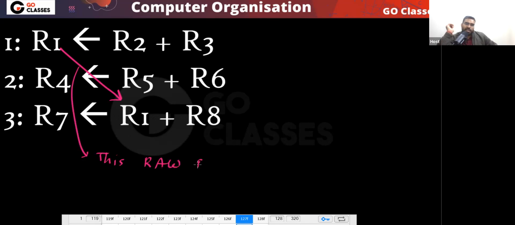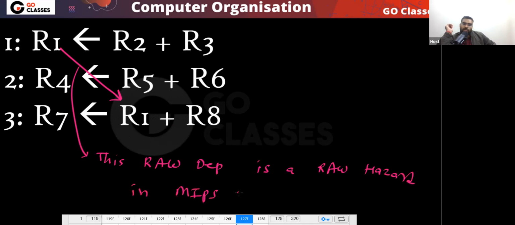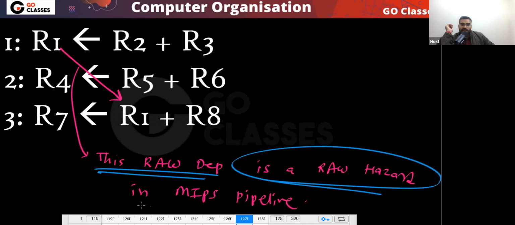This RAW dependency is a RAW hazard in the MIPS pipeline, right? Yes or no? We saw in the last lecture that this RAW dependency is a RAW hazard in MIPS pipeline.